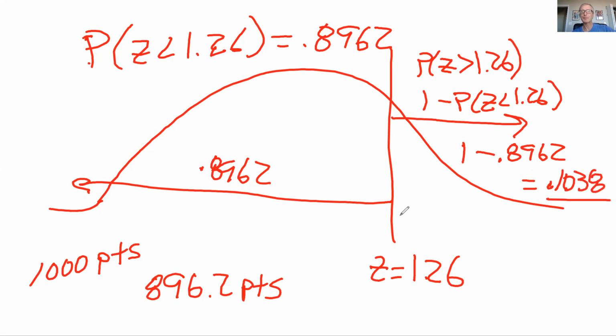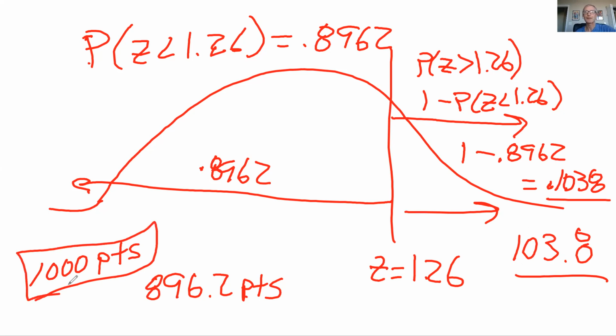So how many points are above if you had 1,000? You multiply the percentage times the number of points, and it would be 103.8. And if you add these two together, you better get back to your 1,000 points, right? So that's the concept, and we're going to be using this concept throughout.